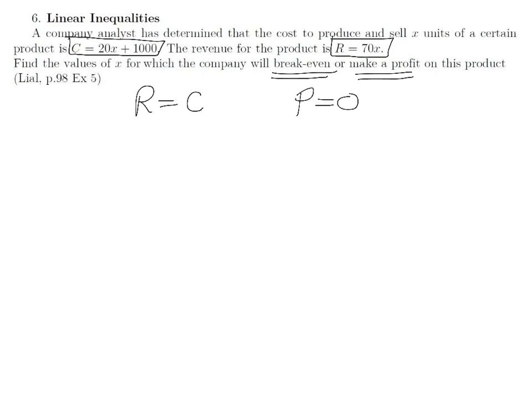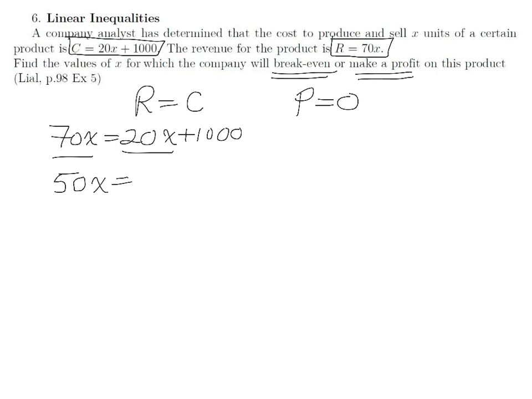So we can actually solve this question in 2 ways, and I'm going to do it in both ways. It's a fairly short question, so let's see. When revenue equals cost, we have revenue 70x equals 20x plus 1,000. So literally you're setting those two functions equal to each other. We have 20x and 70x, so we're going to combine those like terms by subtracting 20x from the right side.